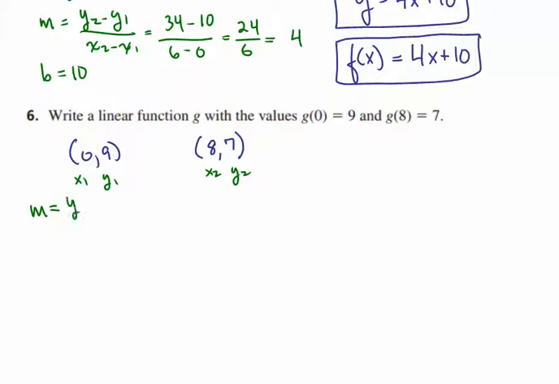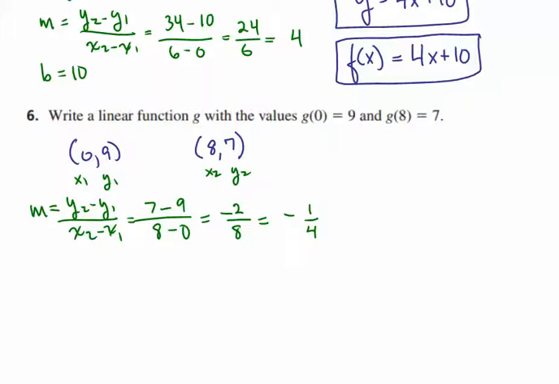So y2 minus y1 over x2 minus x1. y2 is 7 minus y1 is 9 over x2 is 8 minus 0. So we end up with negative 2 over 8, which simplifies to negative 1/4.